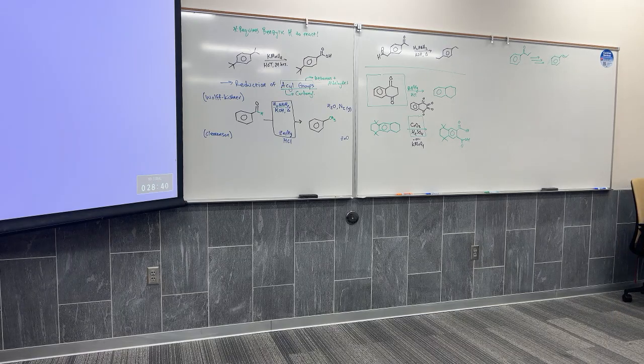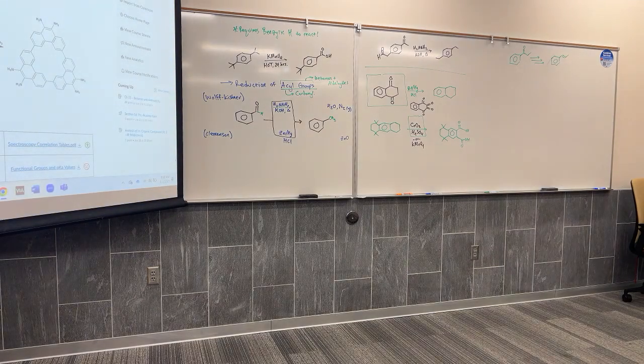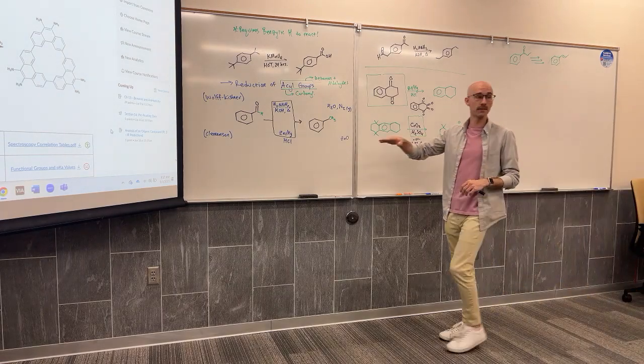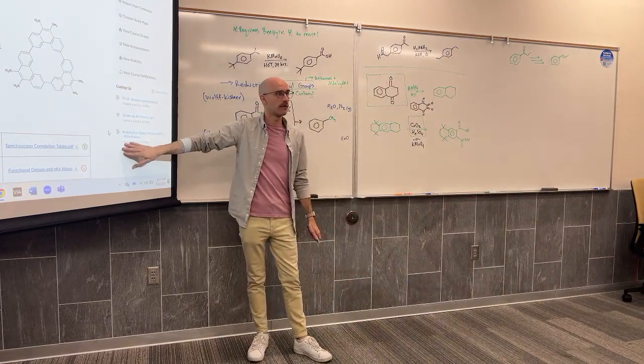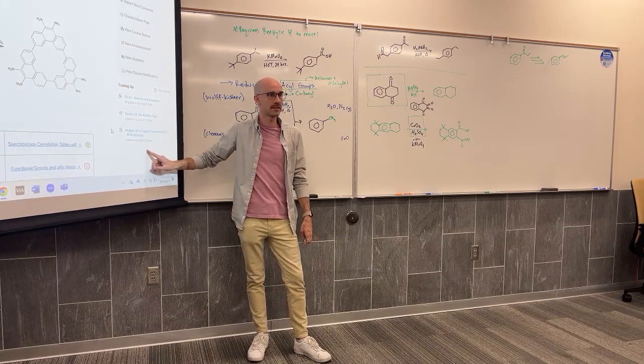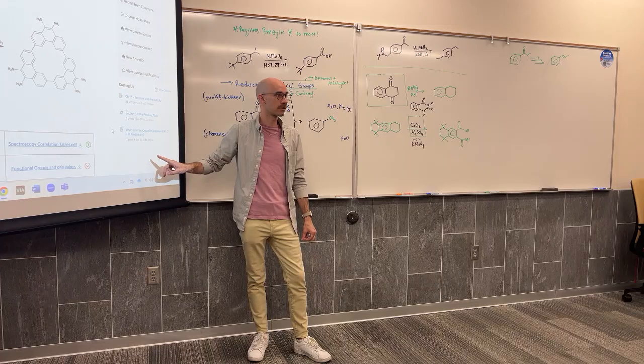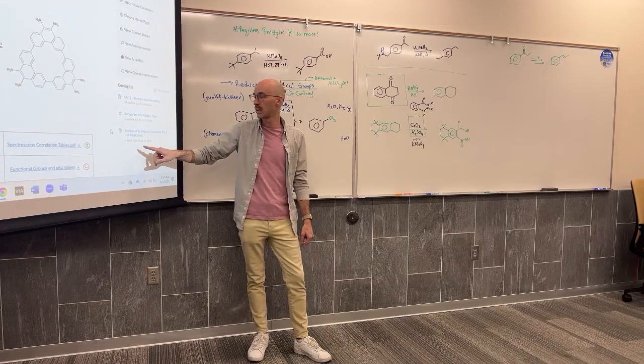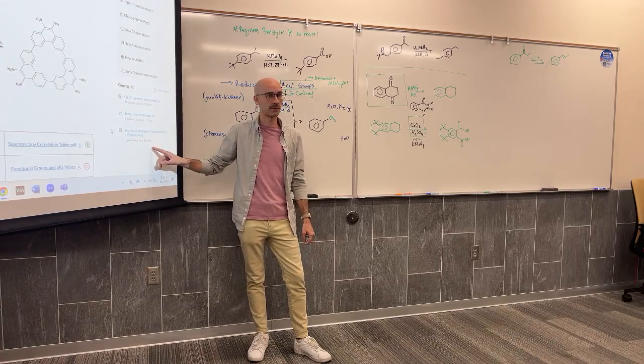Cool. All right. I'm going to forget this if I don't point it out now, so I want to draw your attention to something. Monday, we have part 2 of our analysis of an organic compound due. This is something I should have pointed out last week so that you could get started on it after we finish learning about spectroscopy.